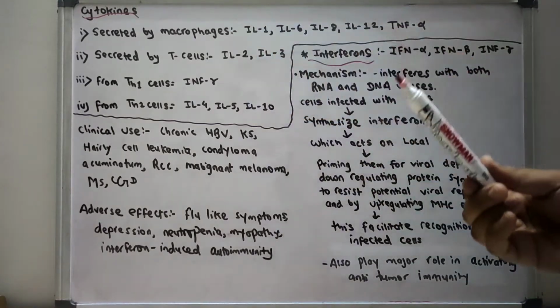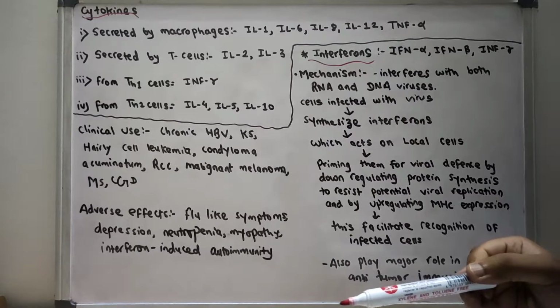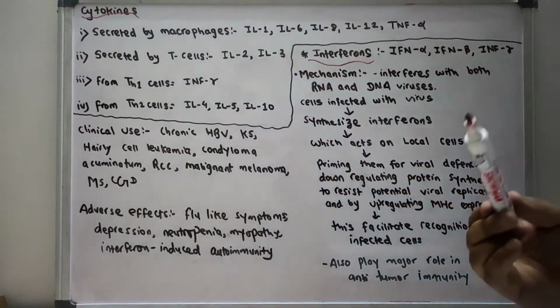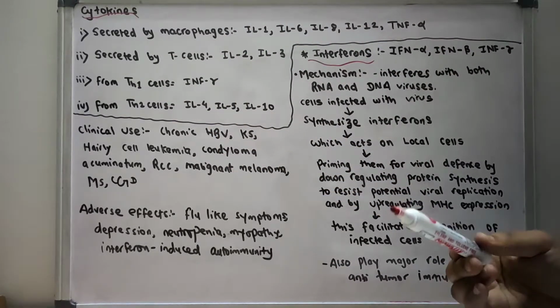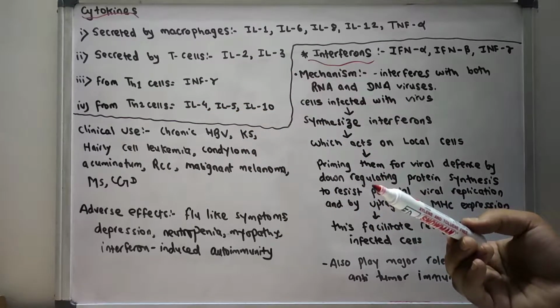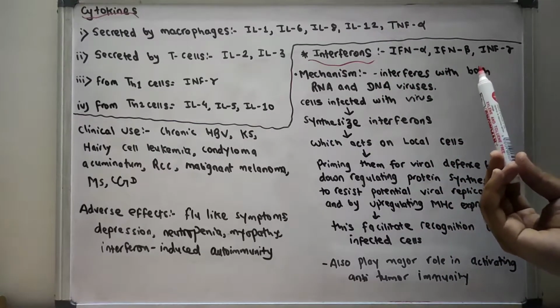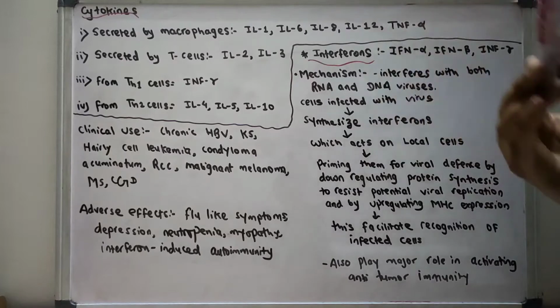The cytokines that are secreted by the macrophages, the cytokines that are secreted by the T cells, the cytokines that are secreted from the T helper 1 cells, and other cytokines that are secreted from the T helper 2 cells. And also there are some interferons that are categorized as cytokines.